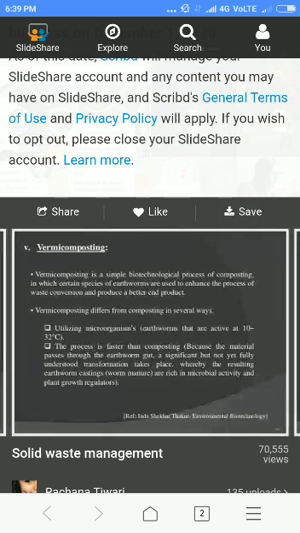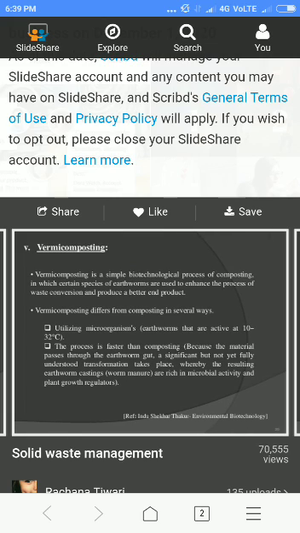Next, one more important method is the vermicomposting method. It is also a simple biotechnological process of composting in which specific species of earthworm are used to enhance the process of waste conversion and produce a better end product. Vermicomposting is different from composting in various ways.